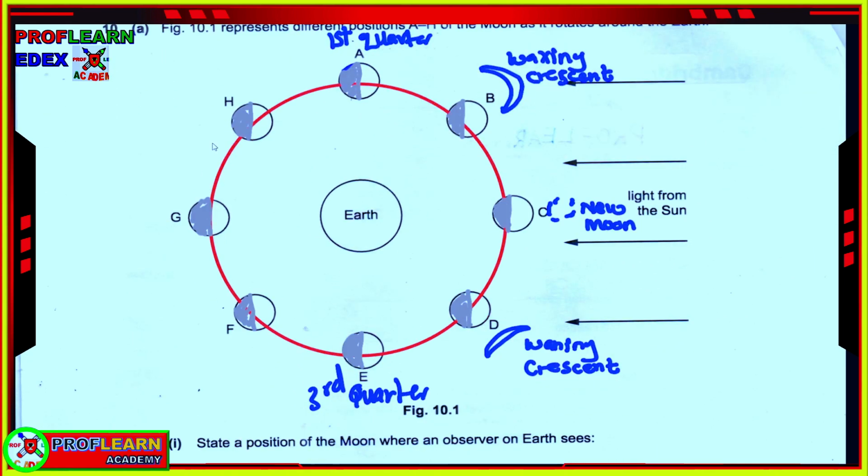Moving on to this other side here, because the moon is getting brighter and brighter in this direction, we call it a waxing gibbous. And the shape for the waxing gibbous is just like that. And at this point here, we are going to have a full moon.